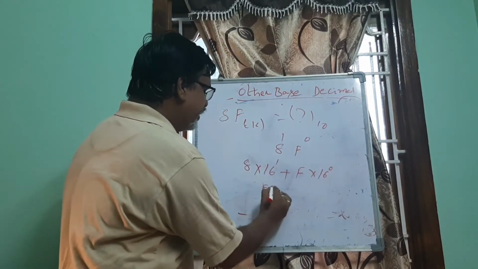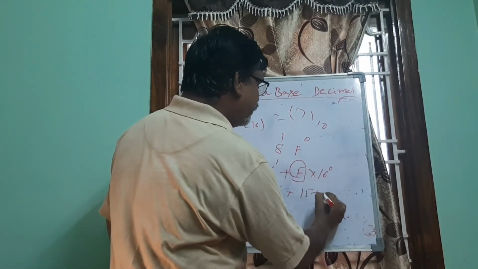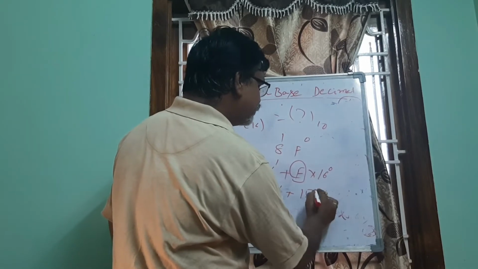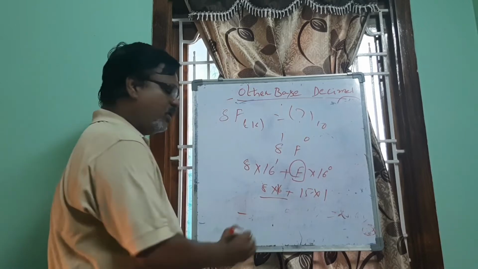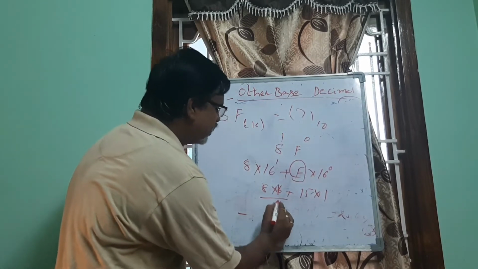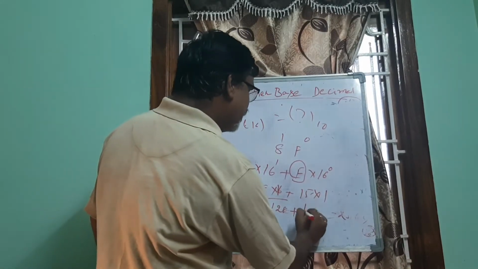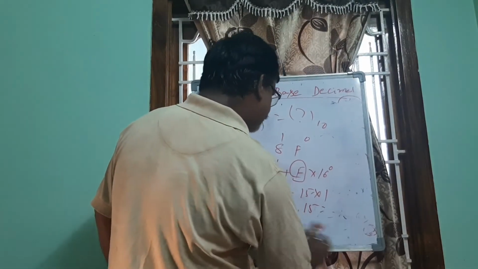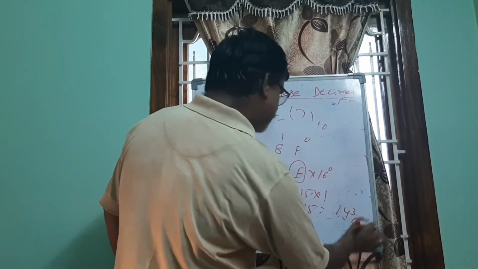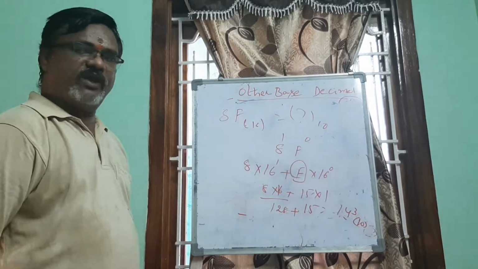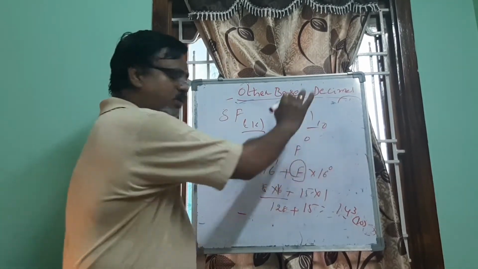So it is 8 into 16 plus F, which is 15, into 1. 8 sixteens is 128, plus 15 is equal to 143 base 10. This is the way you convert a hexadecimal number to decimal.